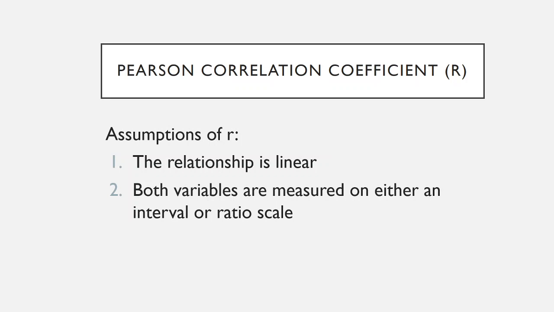But those 1s and 2s are just stand-ins for category membership. So you need to go beyond thinking, what am I capable of running in SPSS, to does this analysis even make sense? If you're putting a variable that is not interval or ratio scale into a Pearson's R, that analysis will be uninterpretable. So you need to think beyond what will I be able to run in SPSS to what analysis should I run?